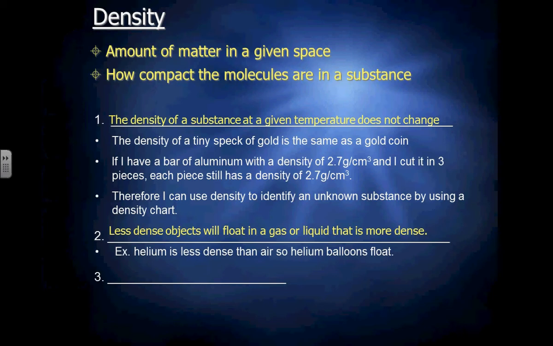Helium has a very, very low density. And therefore, helium balloons float in air because helium is much less dense than air. If I have a piece of plastic and I put it in water, if it floats, we know the density of that plastic is less than water. If it sinks, we know the density is more than water.